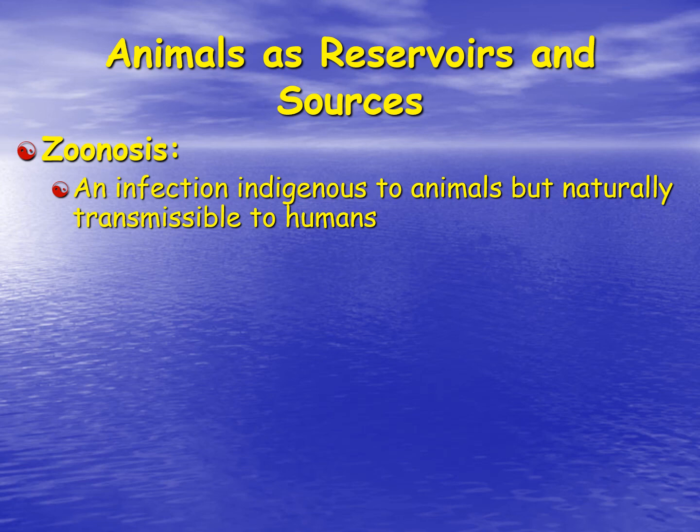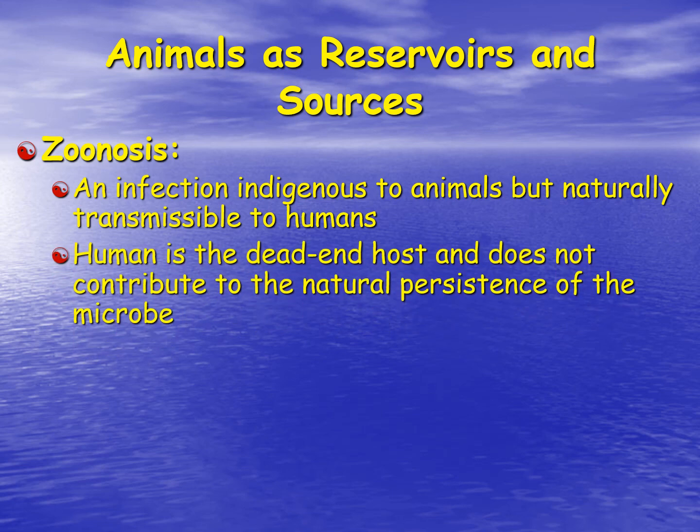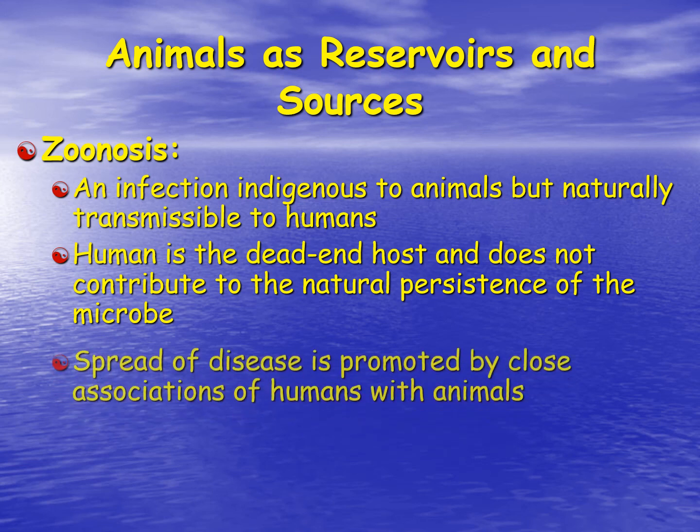However, we're seeing a higher number now of MRSA cases in our pet animals because the MRSA was brought in by their human owners. So humans sometimes are the dead-end hosts of these zoonotic diseases and do not contribute to the natural persistence of the microbe. But that's not 100% true.